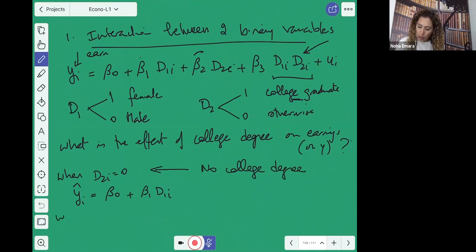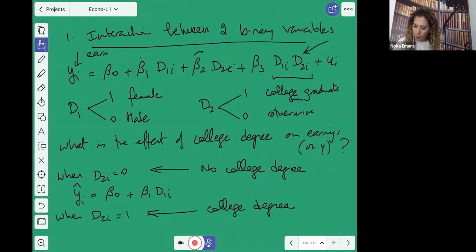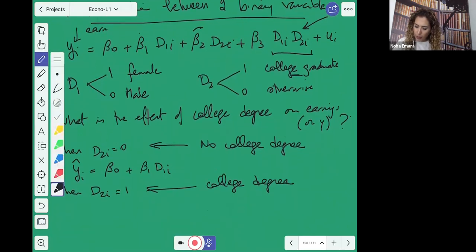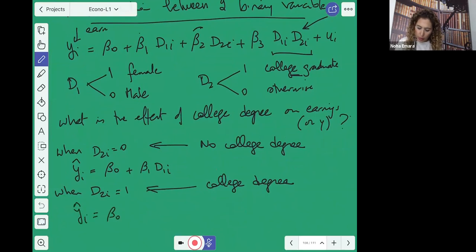Okay, now what if the person has a college degree? So D2i would be equal to 1. I plug it in the model and I get yi hat equal to beta naught plus beta 1 D1i plus beta 2 times 1 plus beta 3 D1i times 1, right?